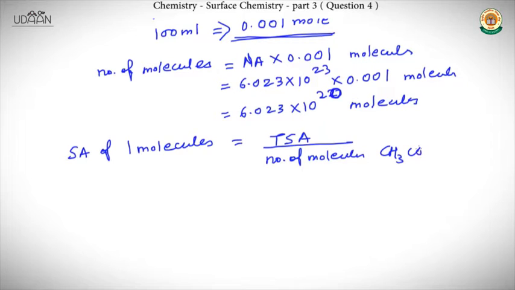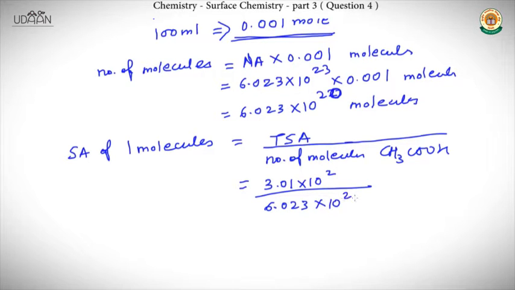Right. So I have both the values. I'm simply going to divide them. 3.01 into 10 raised to the power 2 upon 6.023 into 10 raised to the power 20, which, if we solve, will come out to be 5 into 10 raised to the power minus 19 meter square per molecule.